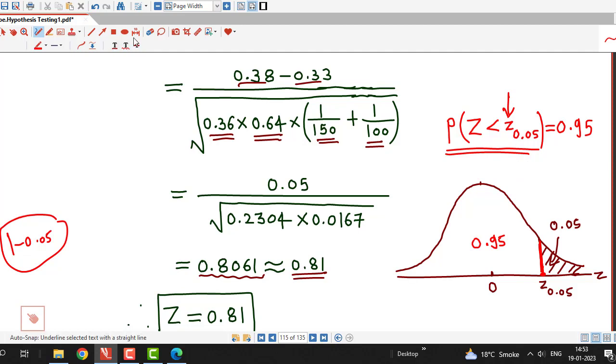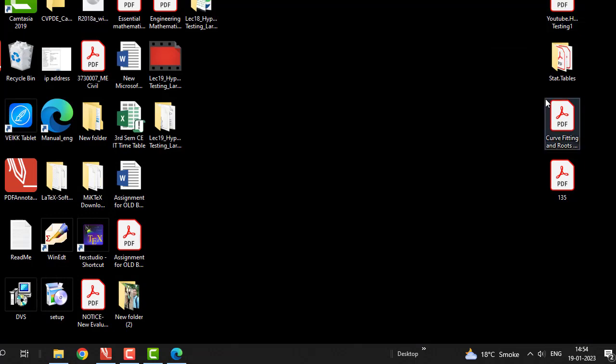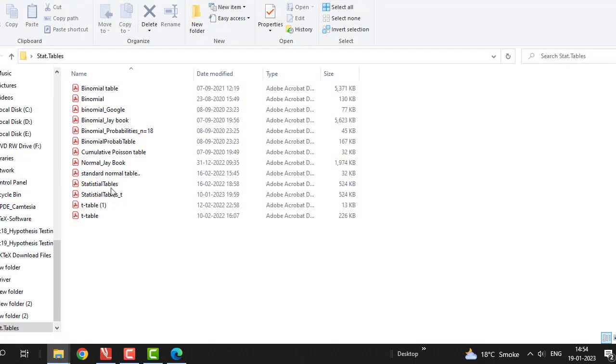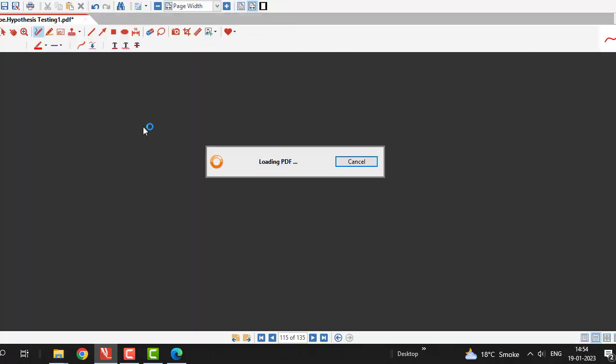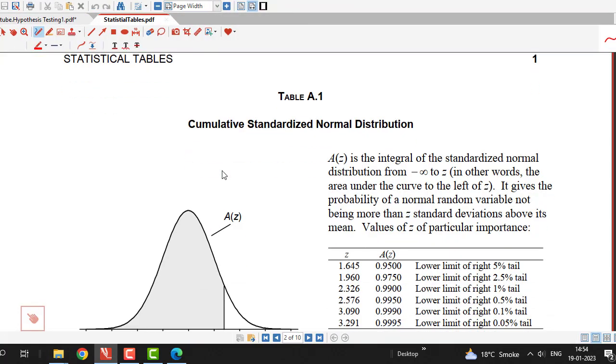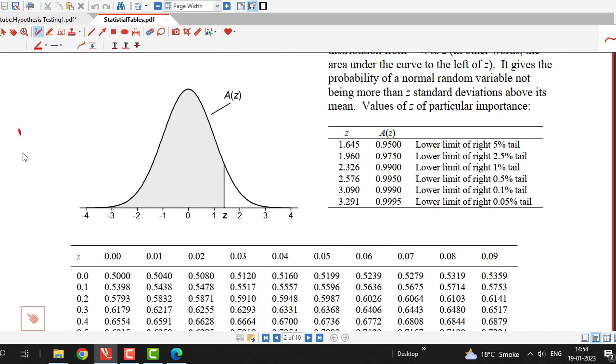So we will go for a normal probability table. Here I have all the statistical tables. So let me search for cumulative standard normal distribution. So we are interested in the value of Z, which is denoted by Z suffix 0.05, such that area to the left of this point is 0.95.